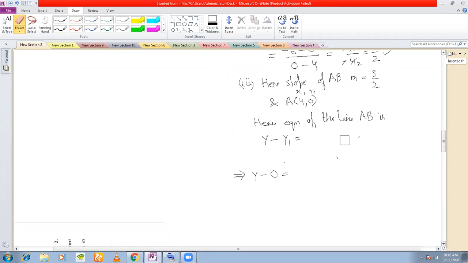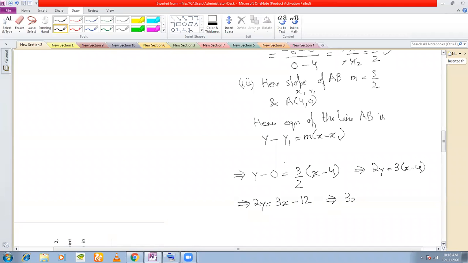This should be m. y minus y1 is equal to m times (x minus x1). m here is 3 by 2 into (x minus x1). That's it. So you cross multiply, you get 2y is equal to 3 times (x minus 4). That means you get 2y is equal to 3x minus 12. So you get 3x minus 2y minus 12 is equal to 0. That is the equation of the line AB. That finishes this problem.